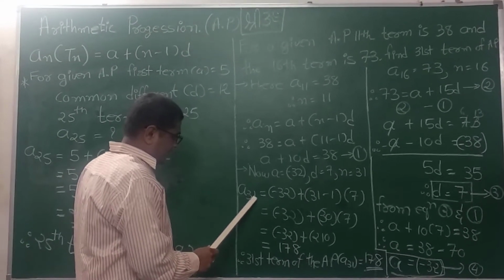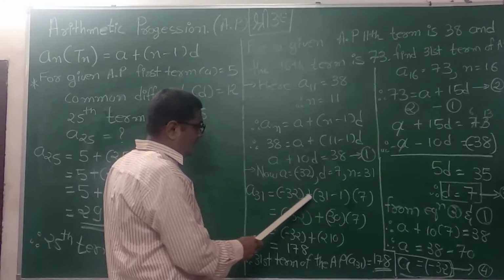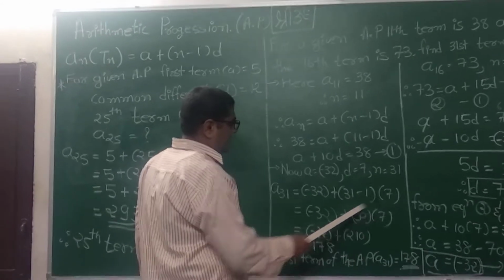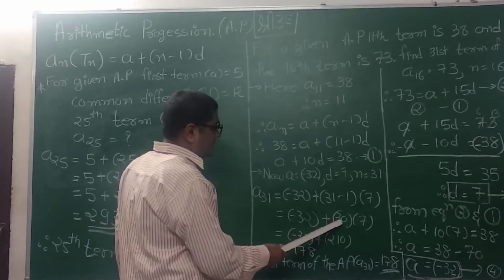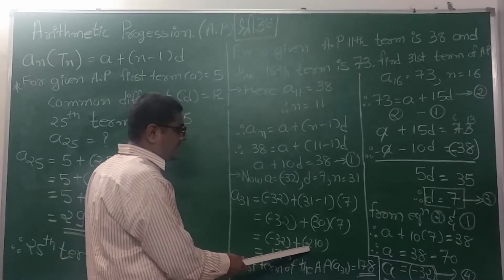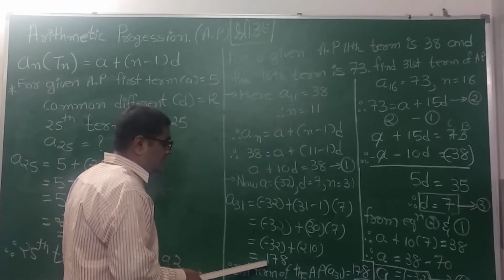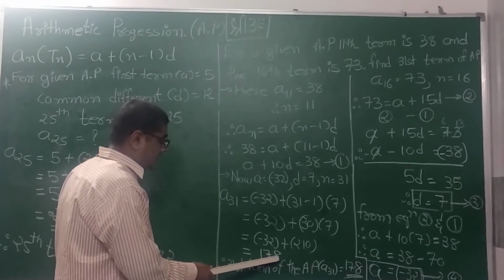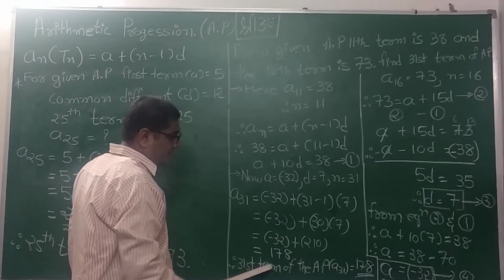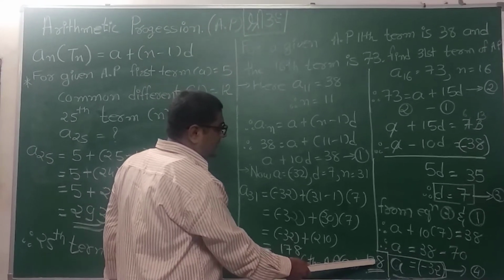So A31 is equal to, by the substitution method, the value of a is minus 32 plus n is equal to 31 minus 1 into 7, that is minus 32 plus 30 into 7. 7 3s are 21 and 0 as it is, that is 210. 210 minus 32 is equal to 178. Hence, according to the question, the 31st term of the AP, that is A31, is equal to 178.